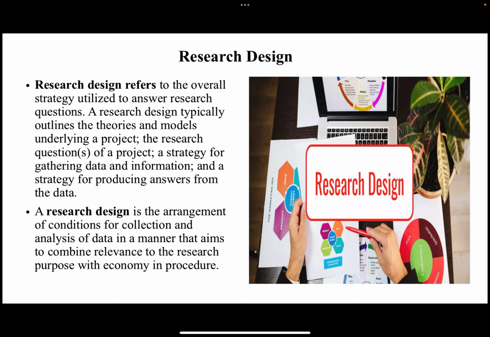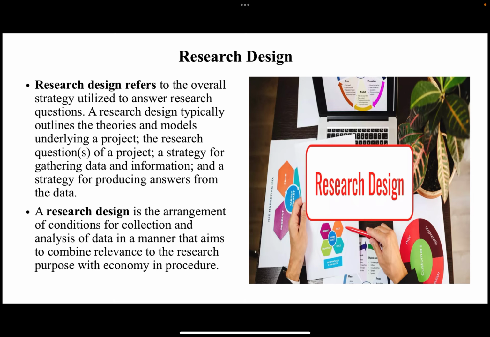All right, I think for now we will end here for our lesson on research designs. From today, we've learned that we have two main types of research design: experimental research designs and non-experimental research designs or observational research designs.